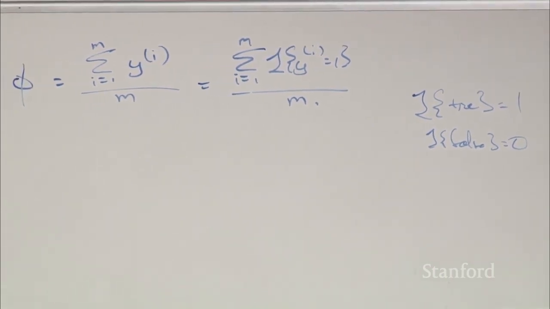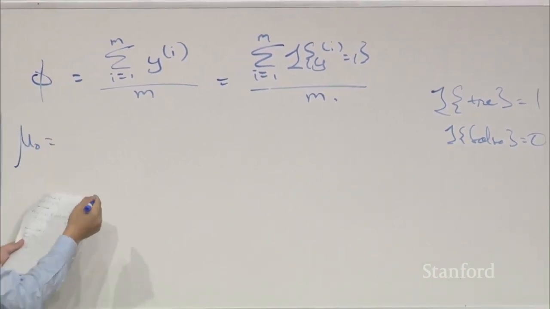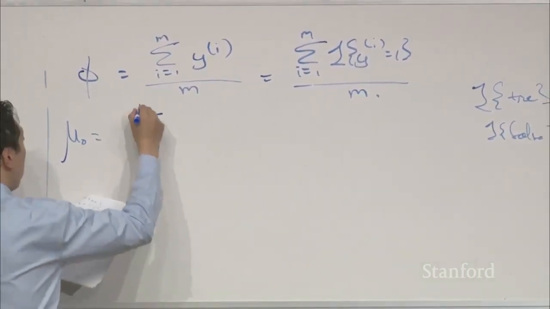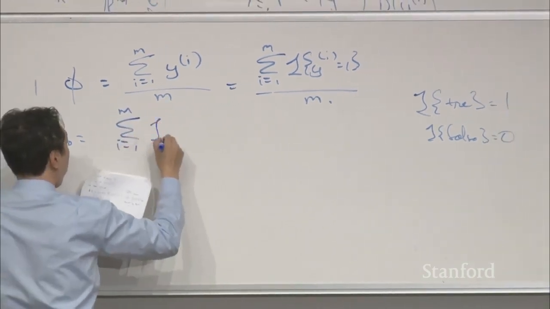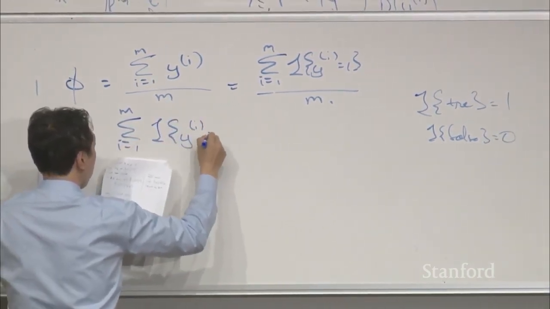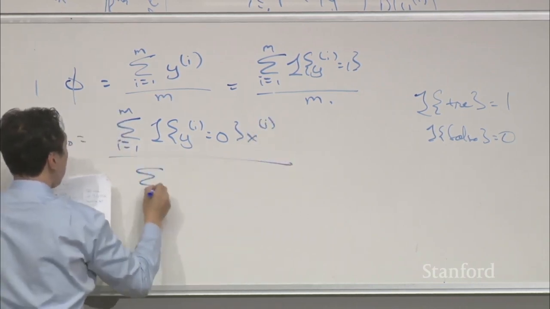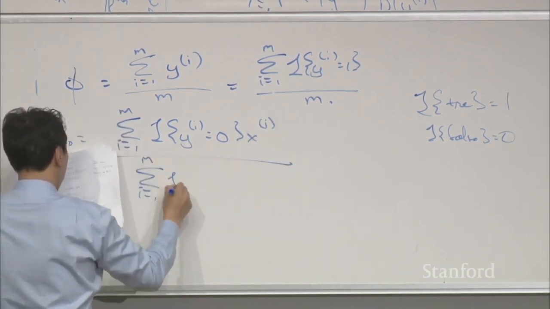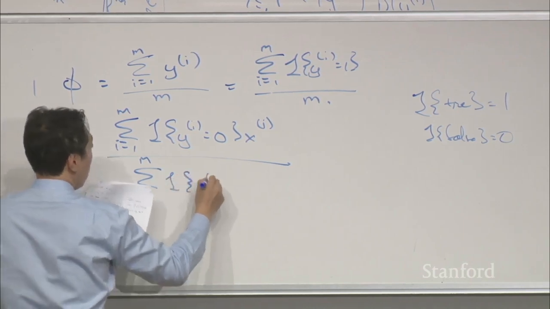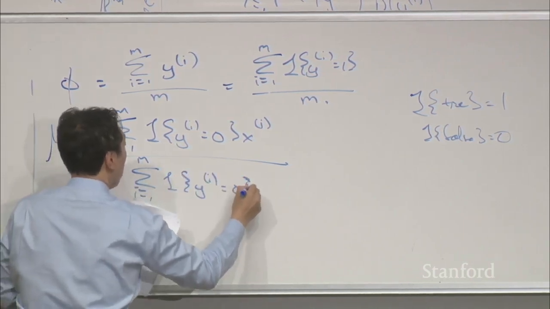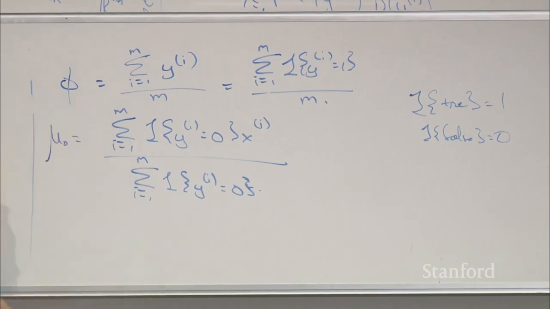And then the maximum likelihood estimate for mu 0 is this. I'll just write it out.